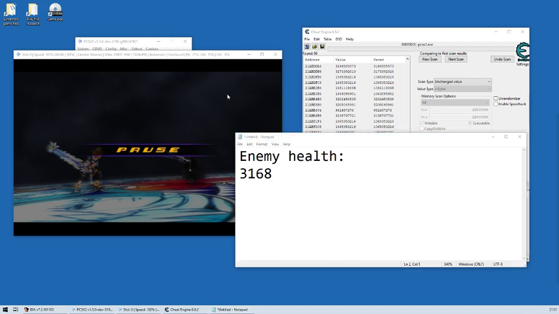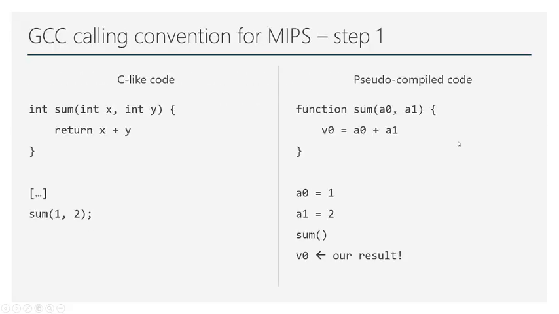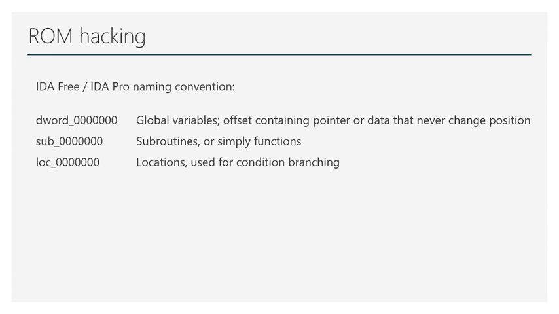I want to return to the slide because we have seen how to perform RAM hacking for now. So let me scroll again. So now we are interested in the ROM hacking.